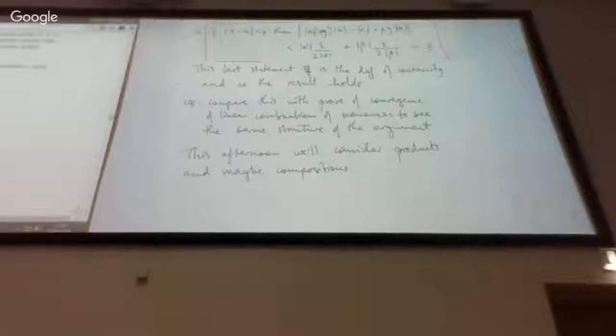And after we've done just a little bit more work with this formal definition of continuity, we'll then be in a position to move on to beginning our formal work with the derivative, the definition of differentiation.